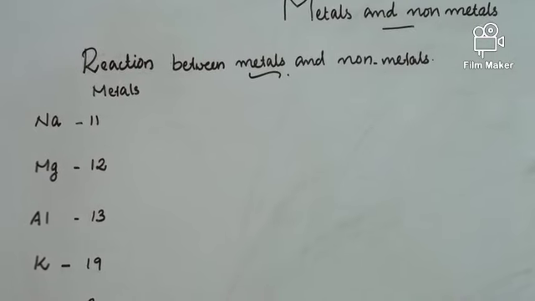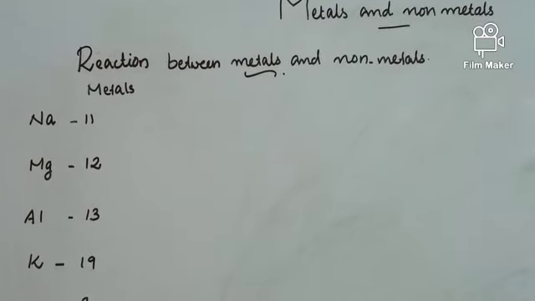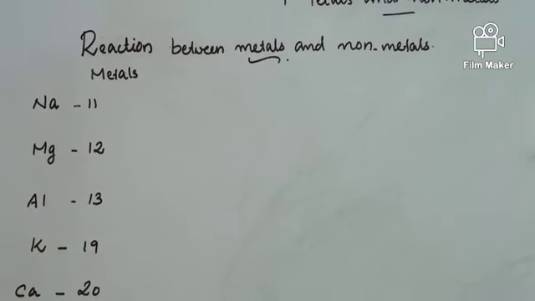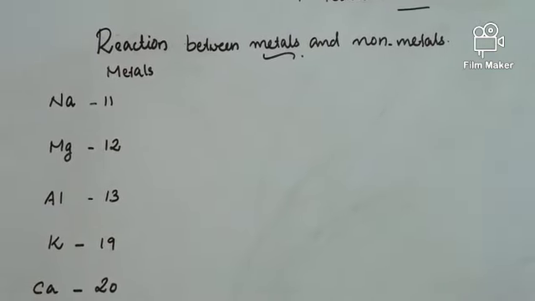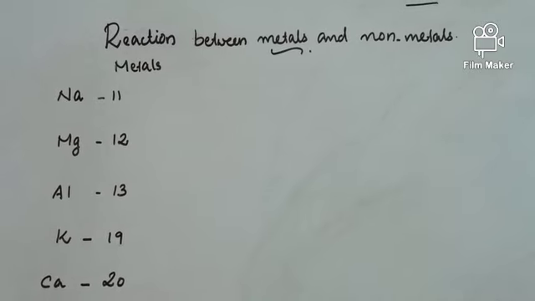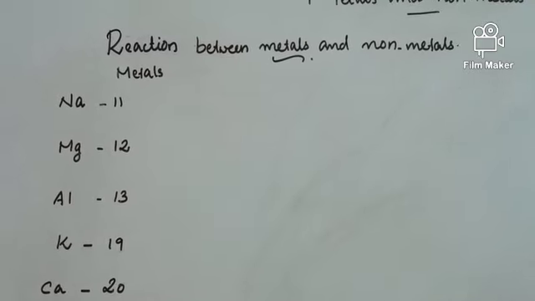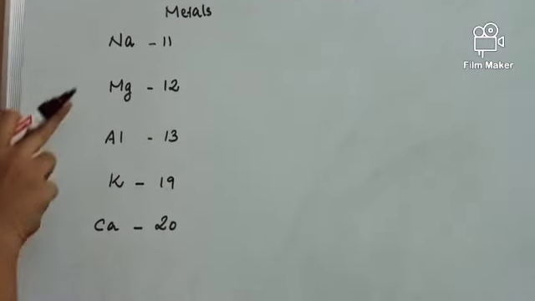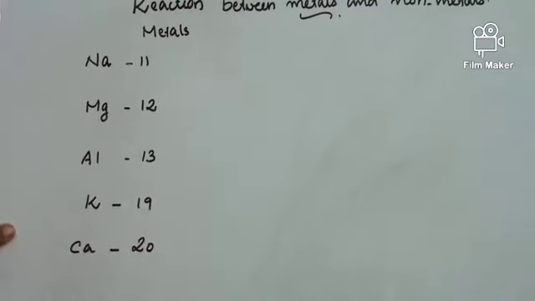Now we can study the reaction between metals and non-metals. Before this, we have to understand the basic difference between the electronic configuration of metals and non-metals. Here I have taken some examples of metals: sodium, magnesium, aluminium, potassium, calcium.